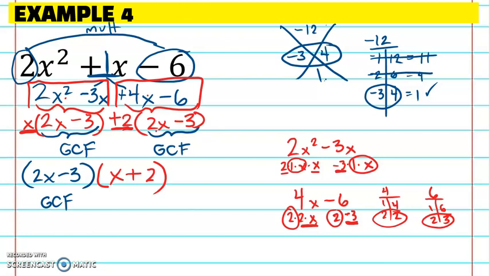I look inside, okay, 2 and 3, no common factors. 1x, 2, no common factors. I am done. There is my factored form. When I multiply those two quantities, I will get 2x squared plus x minus 6. And check out another video for more examples.